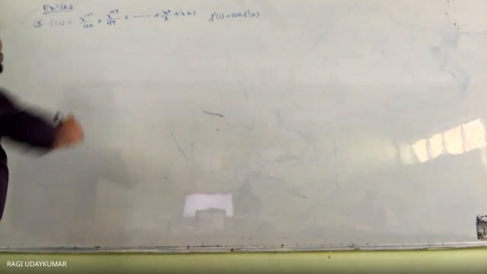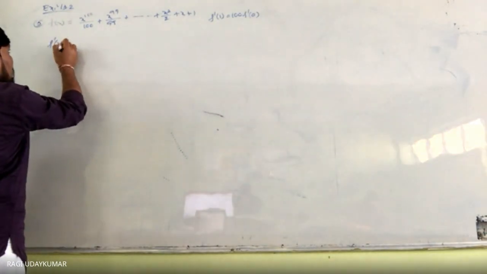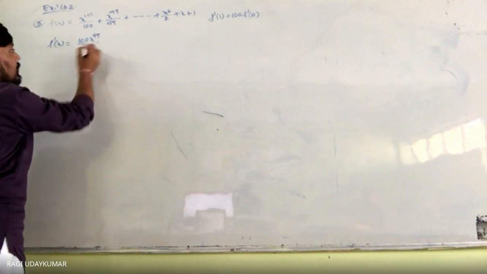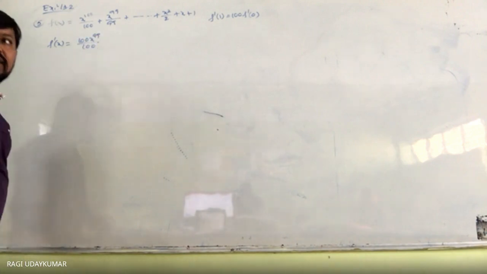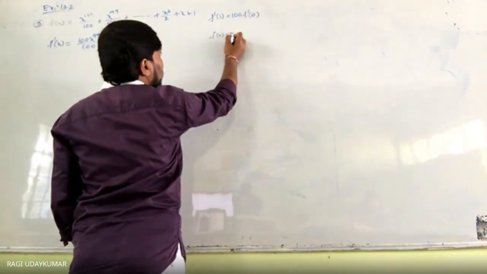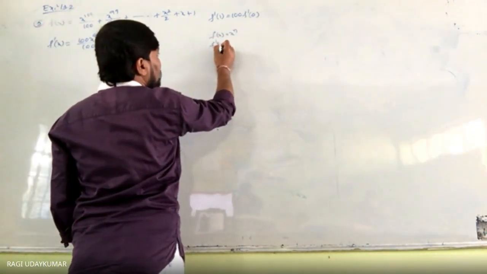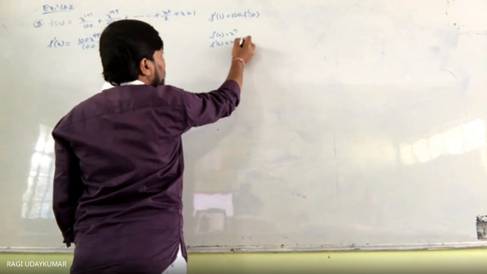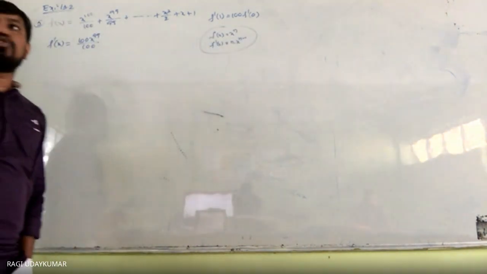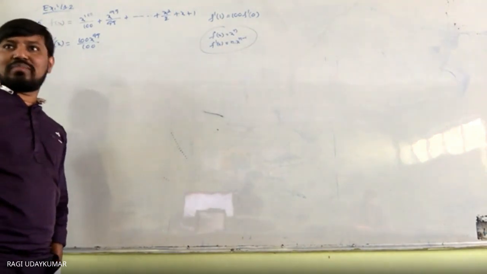First, how do you find f dash of x? The derivative of x to the power of n is n x to the power of n minus 1.